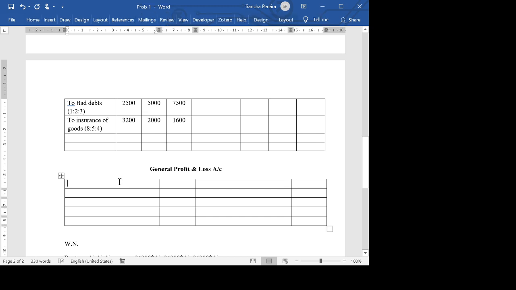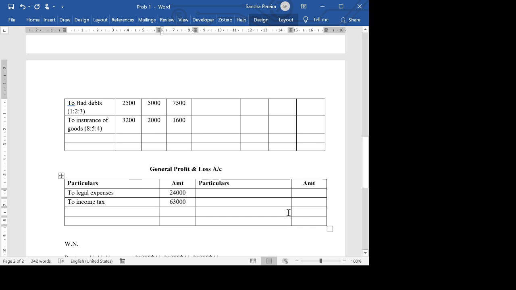So here we have to legal expenses, the amount is 24,000, and we also have to income tax, which is 63,000.